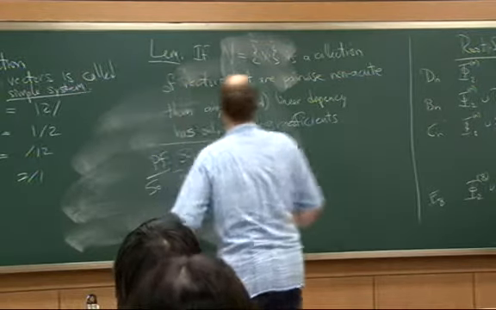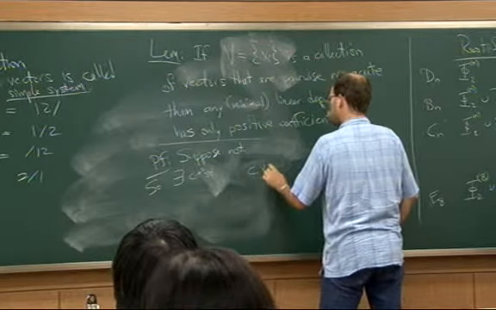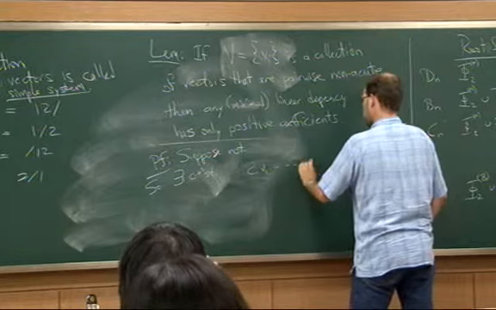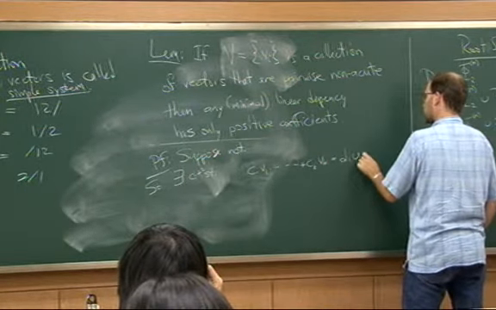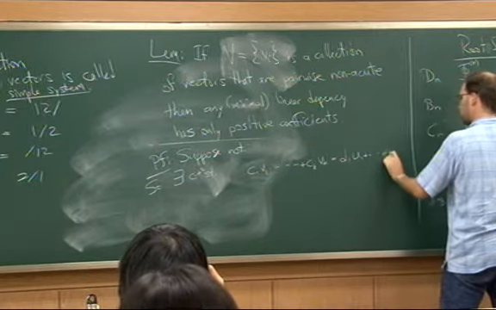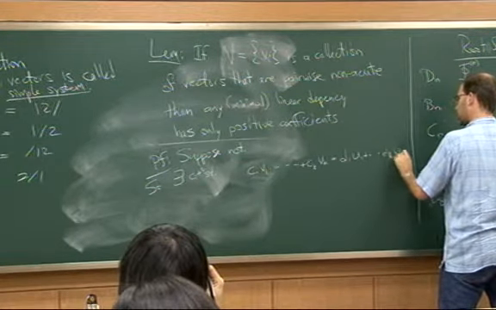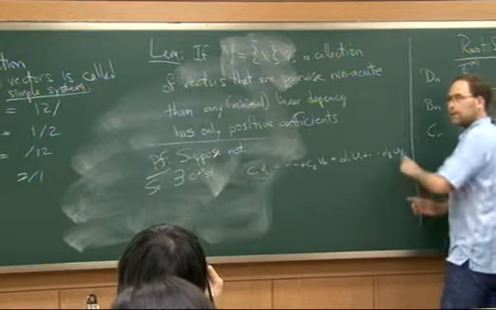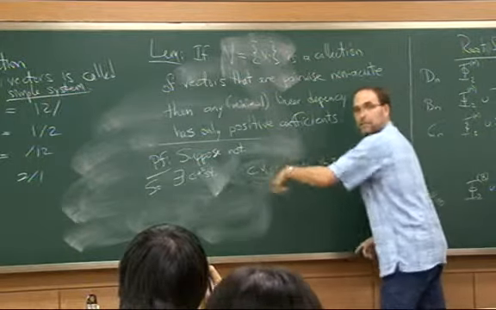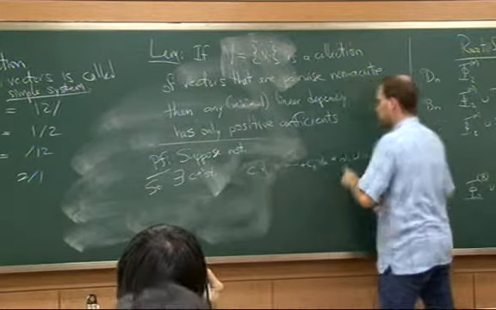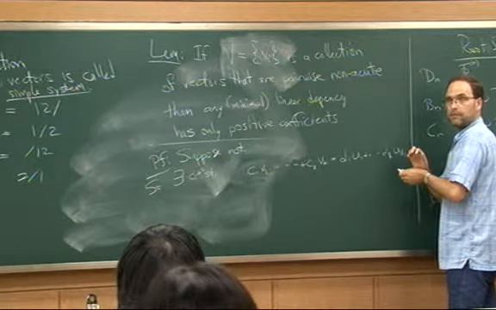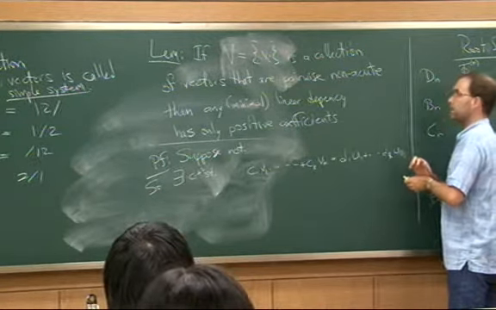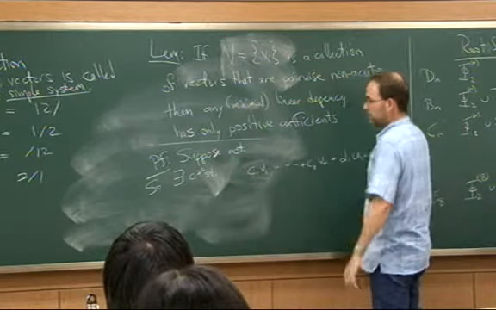So what I want to write is that C1 V1 plus CK VK is equal to some D1 U1 plus DL UL. I don't want to worry too much about notation, but I have some set of vectors with positive coefficients added up together, some set of vectors with positive coefficients added up together. The vectors involved are distinct.